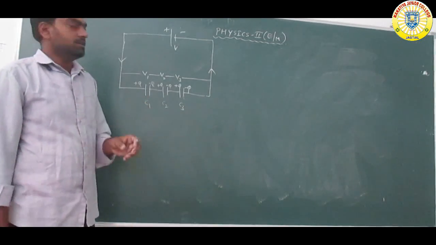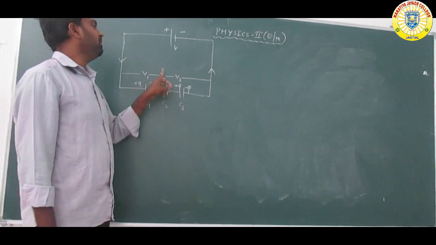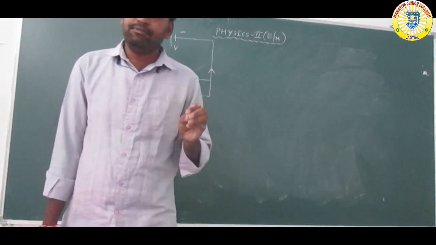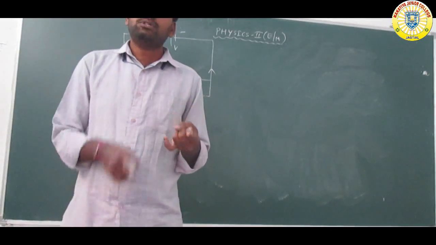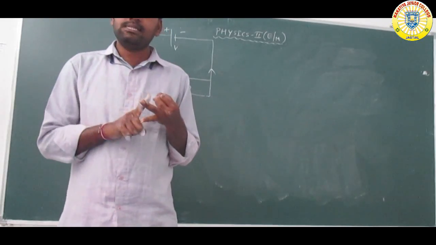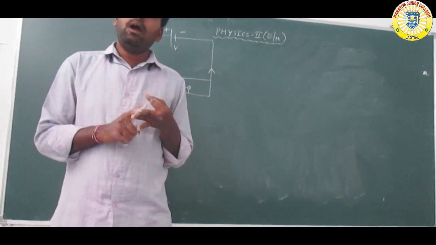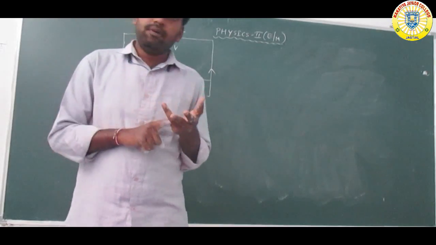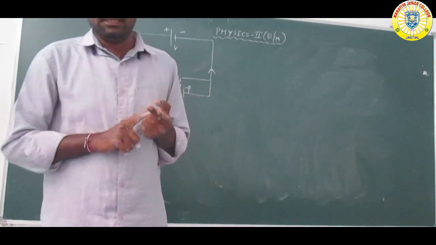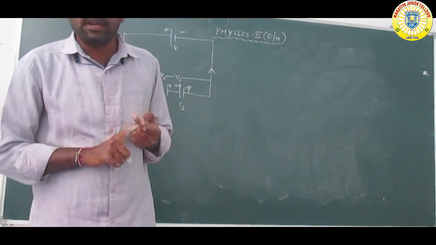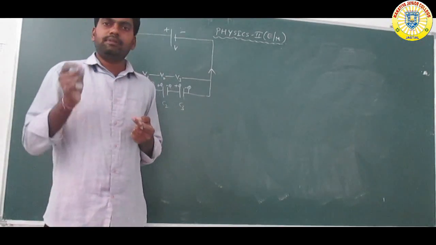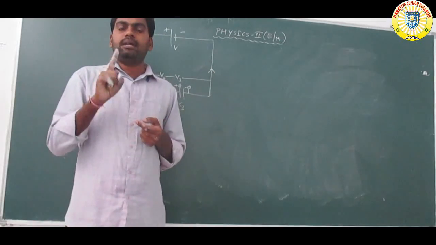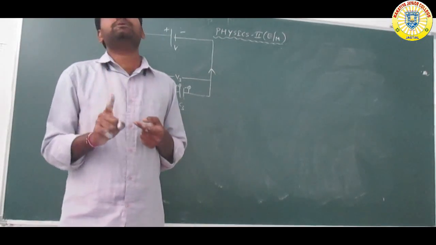That means V1, V2 and V3 are the potential differences of the capacitors, and C1, C2 and C3 are the capacitances of the capacitors.